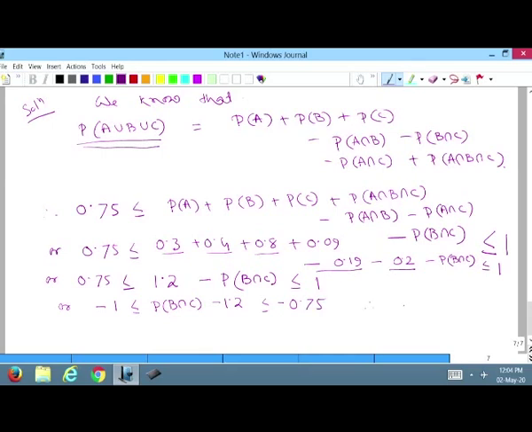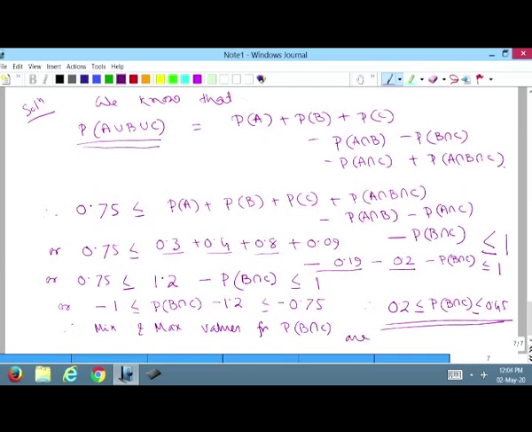Therefore, 0.2 less than or equal to probability B intersection C less than or equal to 0.45. Therefore, minimum and maximum values for probability B intersection C are 0.2 and 0.45. That is the answer.